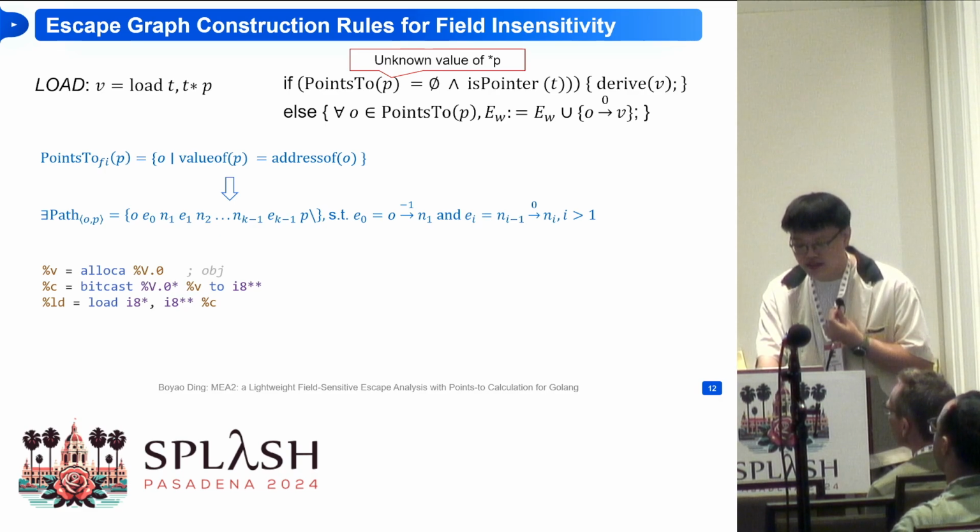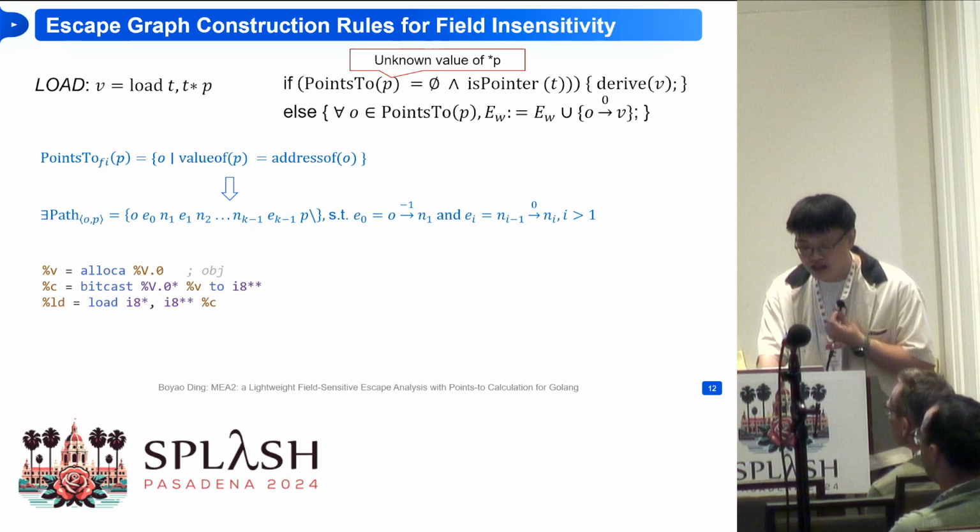As shown in this example, the left code snippet includes 3 instructions based on the rules for the new and the cast instructions.